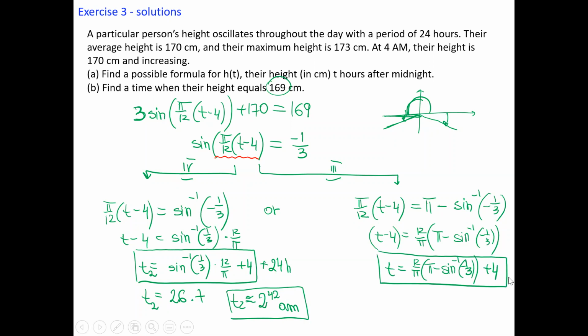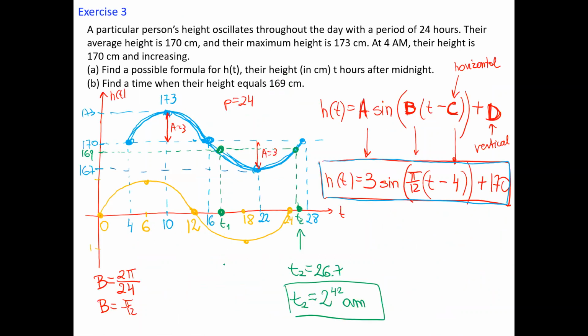Depends, you can add 24, but okay, we don't have to add. When I used the calculator, I just realized that this quantity is 17.3, and I hope you get 17.3. And now let's come back to the graph and see if it makes sense. It makes sense. This is 17.3 hours after midnight.